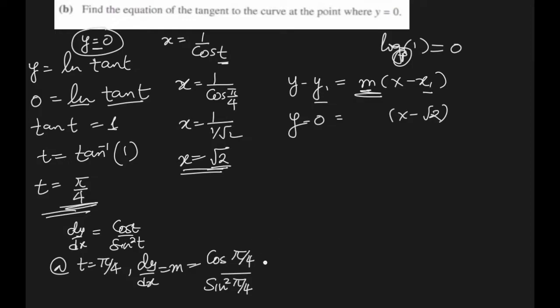So cos pi by 4 is 1 over square root 2, and sine pi by 4 is also 1 over square root 2.